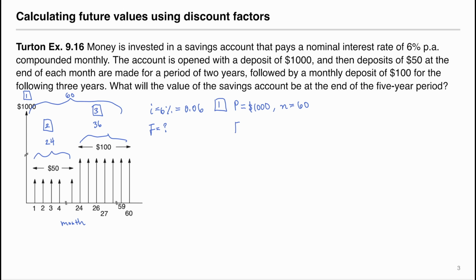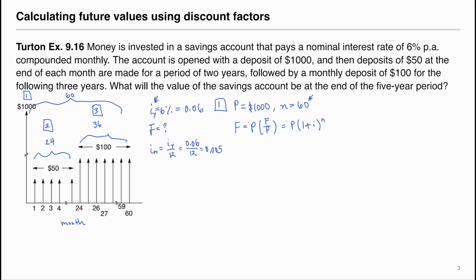The future value is equal to the present value multiplied by its discount factor, which is F over P. F over P can be found in table 9.1, which is just compound interest, (1 plus I)^n. But notice that here n is in months, but I is in years. So we want to convert the yearly interest to monthly interest. That is the yearly interest divided by 12, so 0.06 divided by 12 is 0.005.